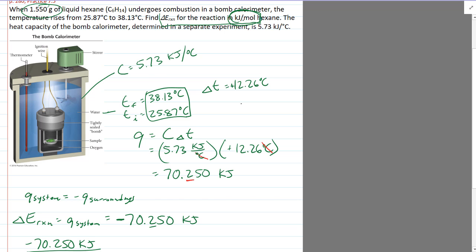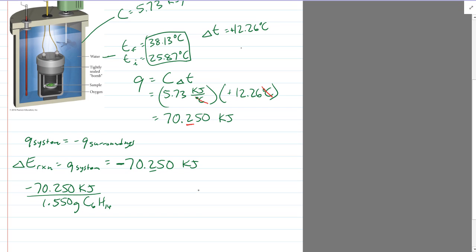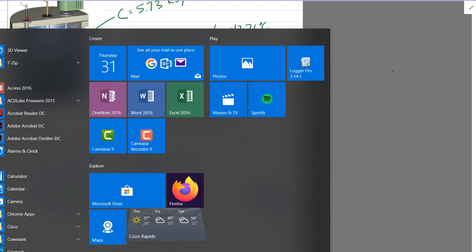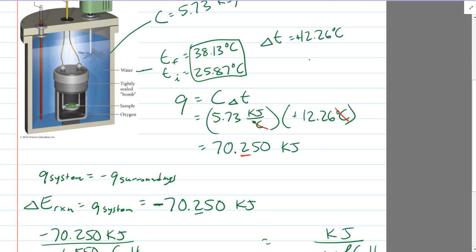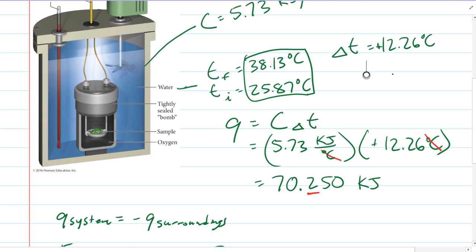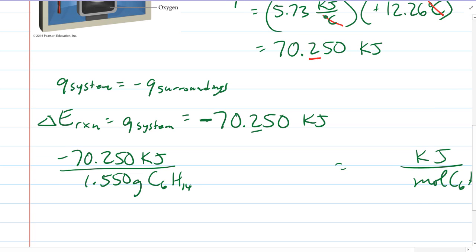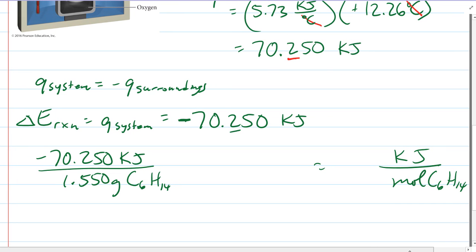Not the number of kilojoules per 1.55 grams, but the number of kilojoules per mole. So we want to know the number of kilojoules for every mole of the hexane. What do we need to do to get to units of kilojoules per mole?